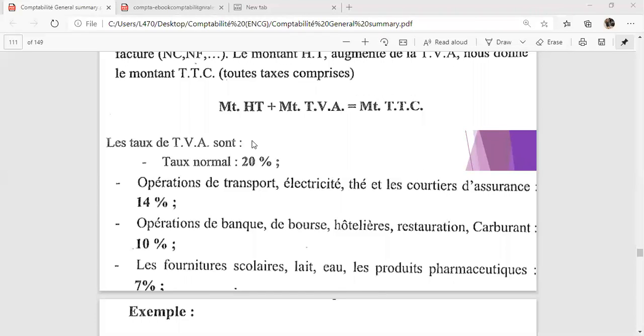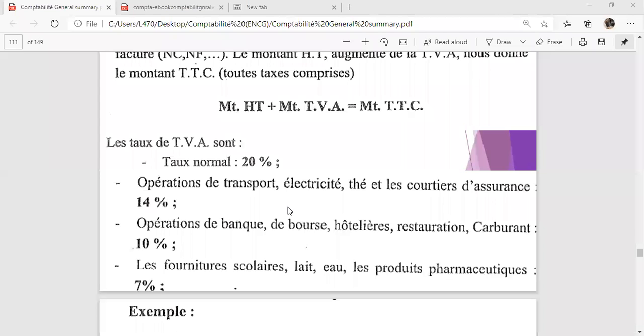Then we looked at the second one, which was 14%, which is charged on opération de transport, électricité, and assurance. Someone abbreviated this one as TEA: the T standing for transport, the E standing for electricity, and the A standing for assurance.